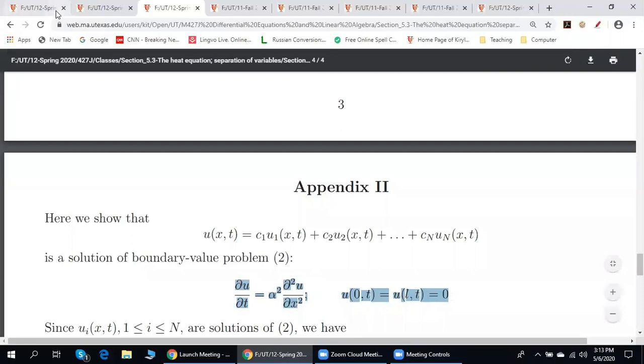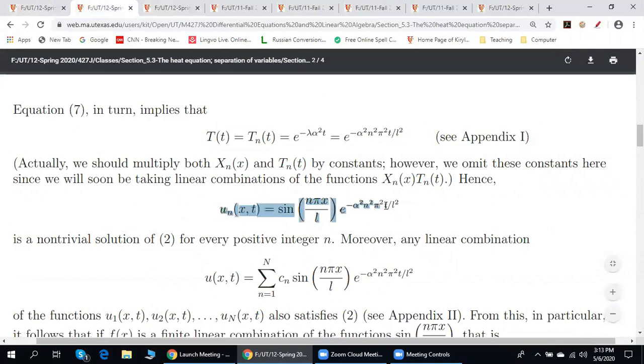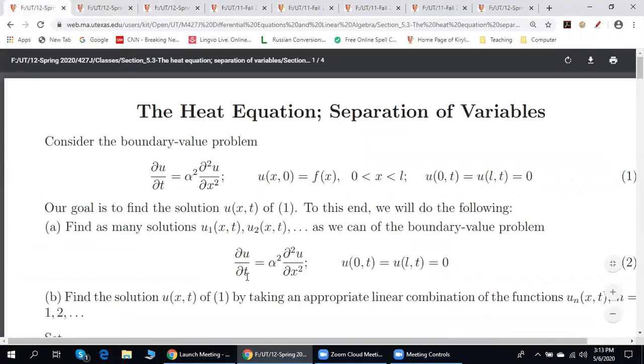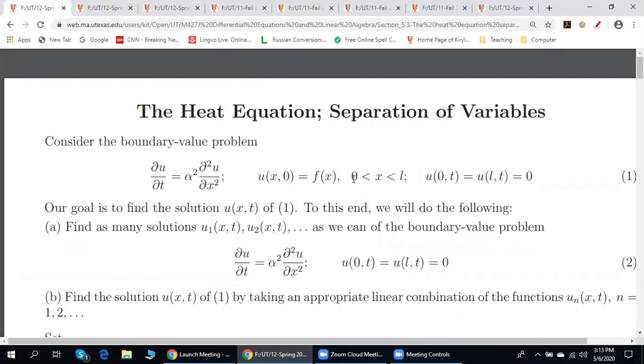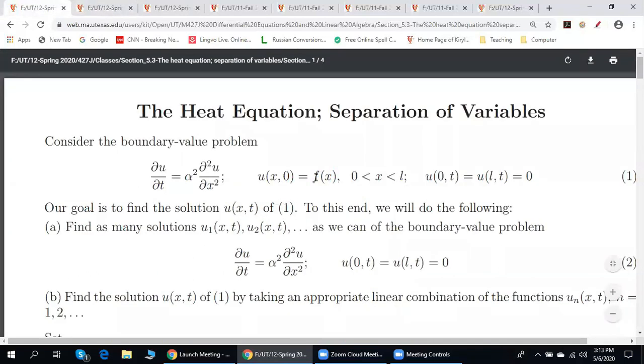Why care about this? Well, here's why. Once again, any such u is a solution of this. However, remember, originally, we care about boundary value problem 1, and we cannot really expect that for a given f of x, our u's will be equal to f of x.